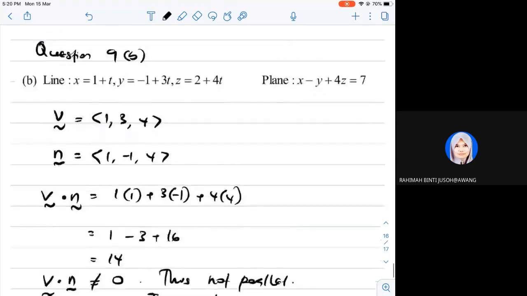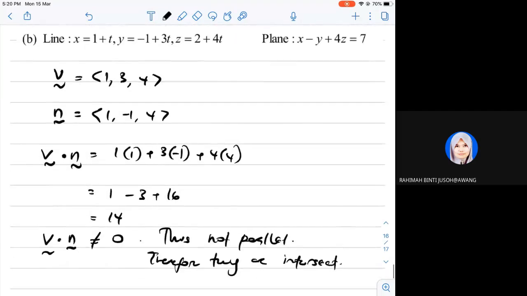Okay. So now nak cari point of intersection. Macam mana nak cari point of intersection? Konsep dia guys, point. Bila cari point maksudnya you need to find coordinate x, y and z. So how do we find the coordinate x, y dan z? Any idea from my brilliant students?